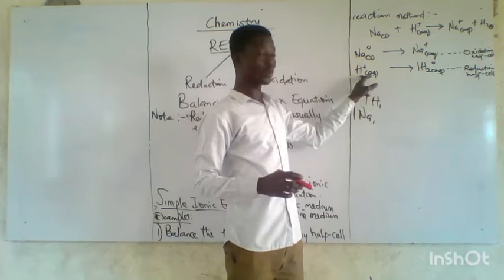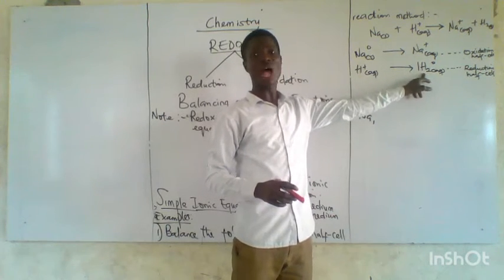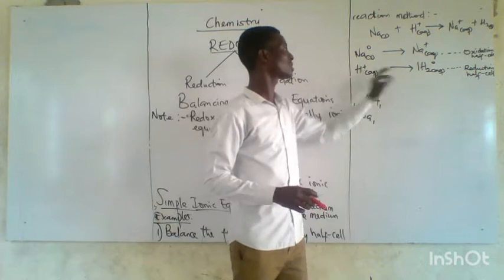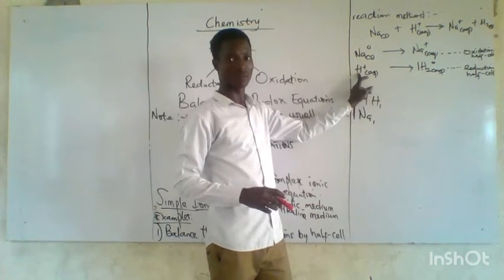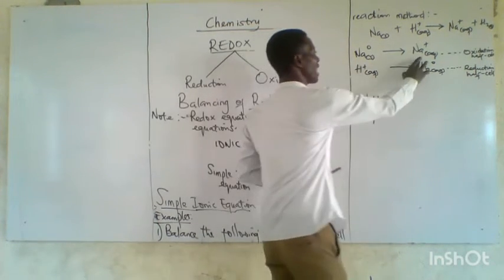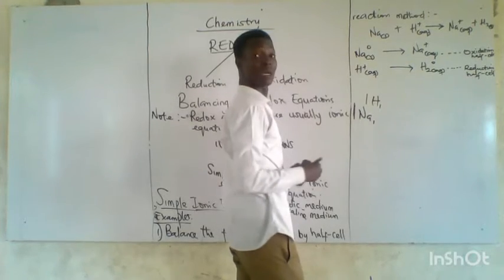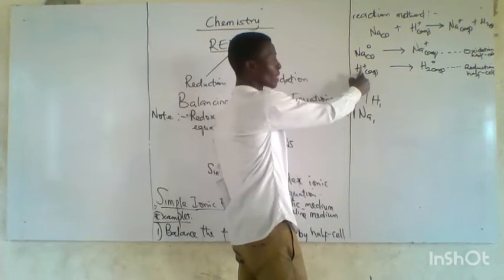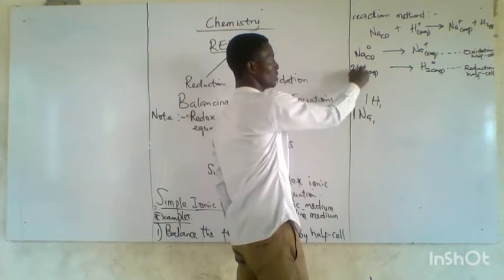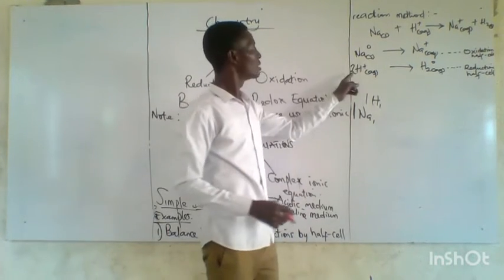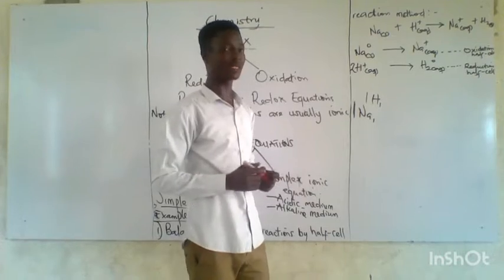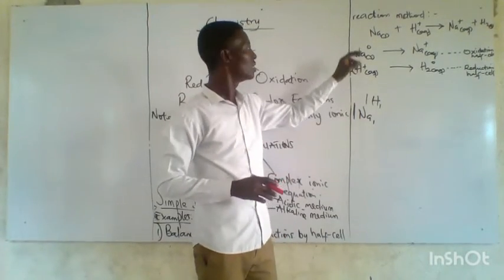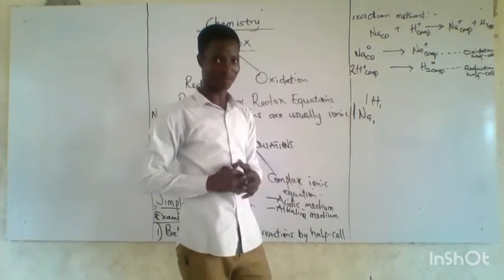This one is 1, this one is 2. So I must look for a way to balance this side to be 2 also. How will I do that? I cannot edit this part of it. I will just put 2 here. That will make hydrogen to be 2. Hence, atomically, the 2 are balanced.